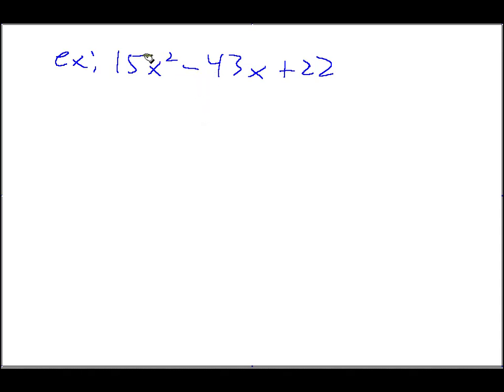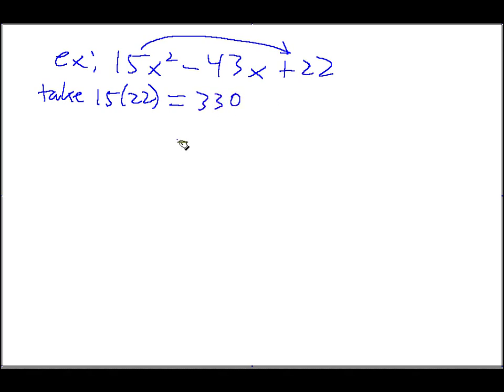Let's check that out. All right, so let me use the AC method once again. So 15 times 22 here. So let me take the 15, multiply it by 22 on my calculator. Positive 15 times positive 22, so that'll give me what? That'll give me positive 330 on the calculator.